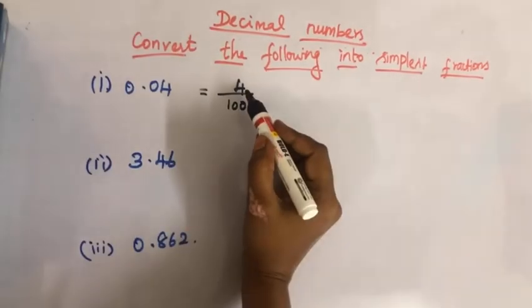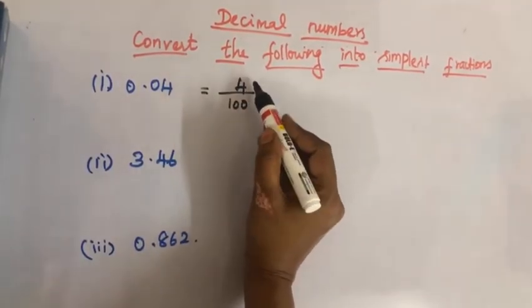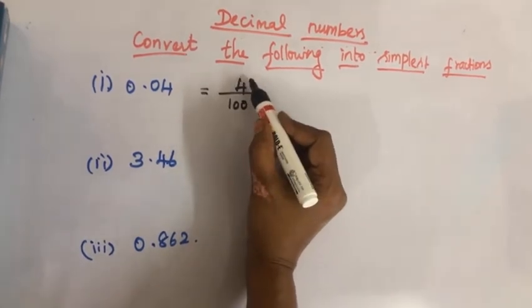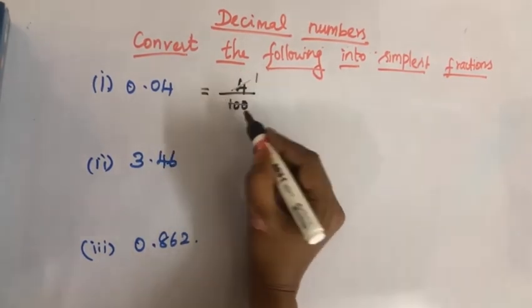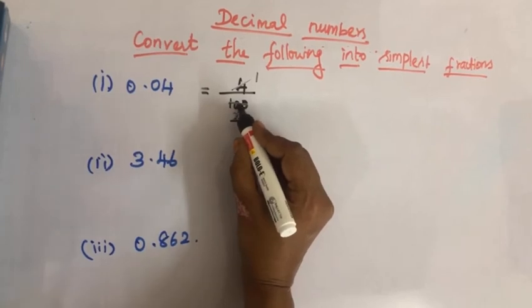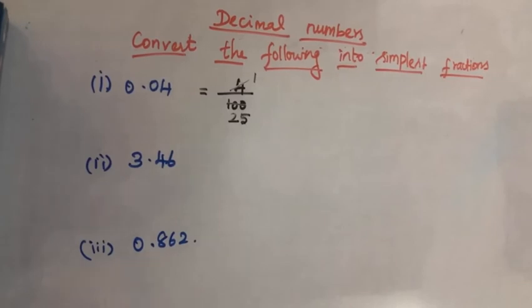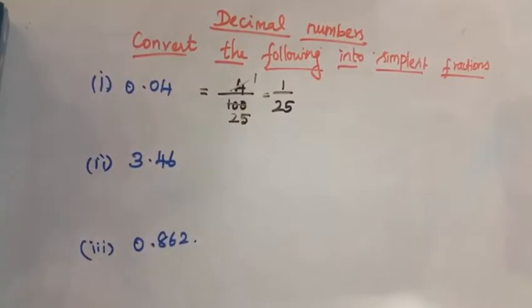So 4 and 100 we can simplify with the 2 table or with the 4 table. Let us cancel with the 4 table. 1 4 is 4, 2 4s are 8, remaining 2, and it is 20, so 5 4s are 20. So that is equal to 1 by 25. This is the simplest form.